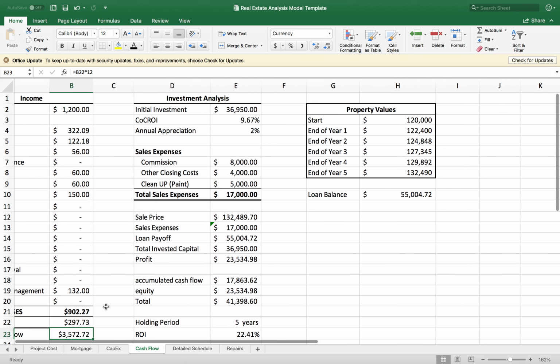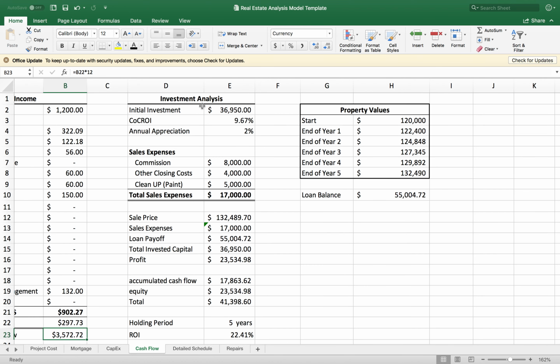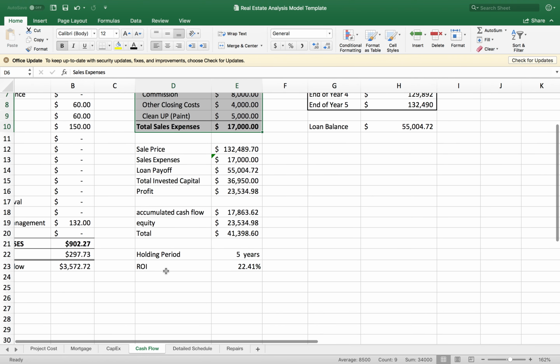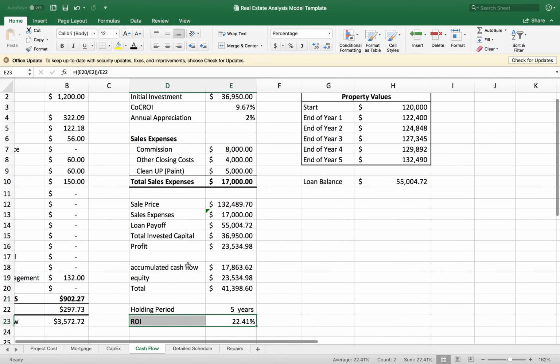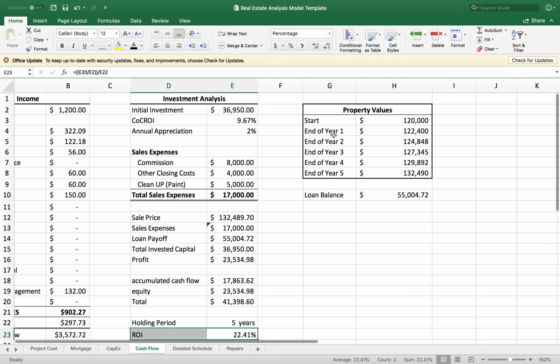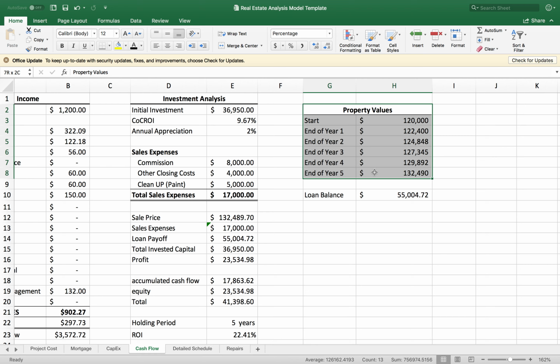Okay, let's go back to our investment analysis. Now let's say that we are getting ready to sell the property and we want to figure out what our total return on investment, also known as ROI, is. We have held onto this property for 5 years, and if you see here on the right, I've created a table of my property throughout the 5 years where I held it.